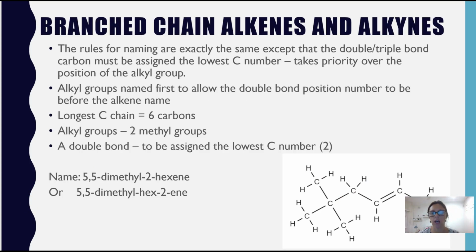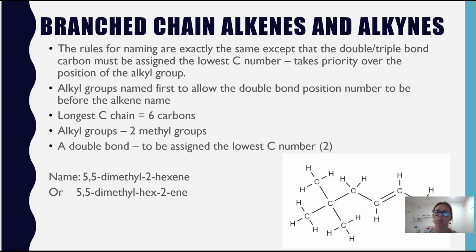So let's have another go at looking at some of these examples when they're with alkenes and alkynes. So the rules are really the same basic rules as for the alkanes, except here we've got a double and a triple bond to contend with. So we always need to look at where our double and triple bond is, and we're going to assign the double or the triple bond the lowest number, and then that takes priority over all our other alkyl groups.